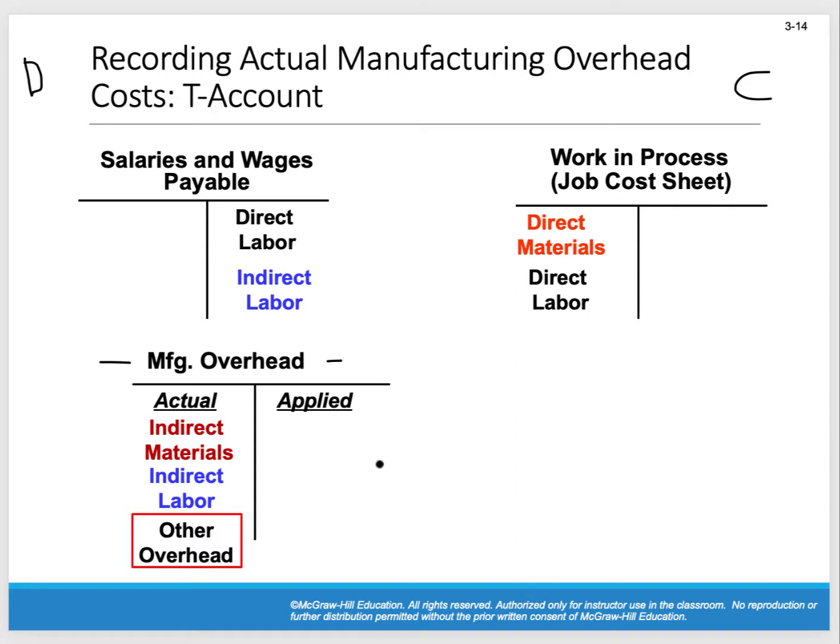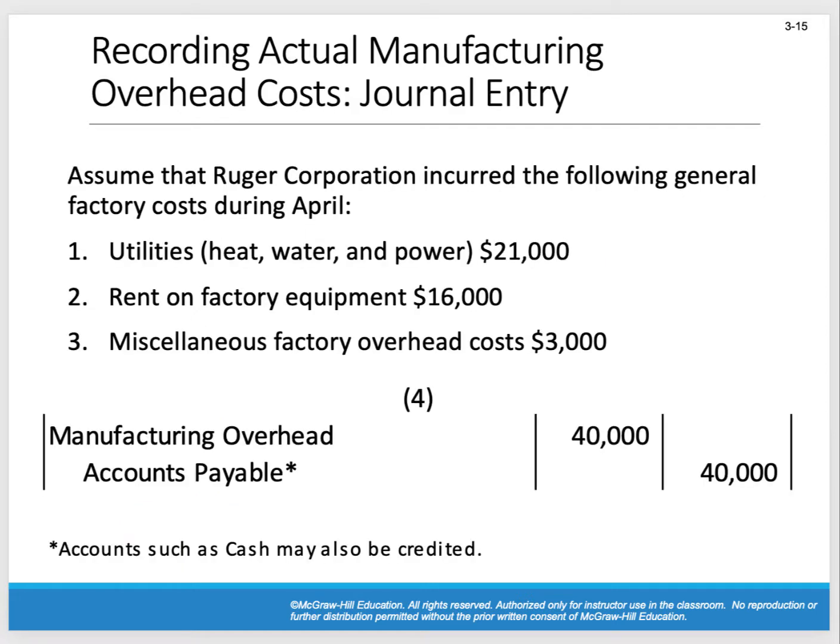But before we apply them, we have to figure out, okay, what are our other overhead expenses? Well, we see that, would you look here? Ruger Corporation incurred the following general factory costs. Utilities, $21,000. Okay, can we easily and conveniently trace the cost of utilities to each product we make? Nope.